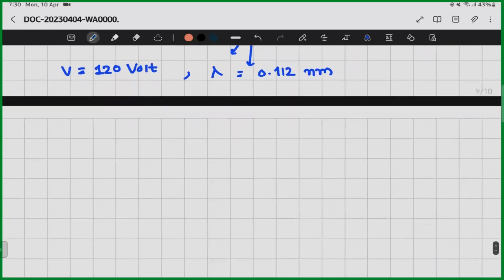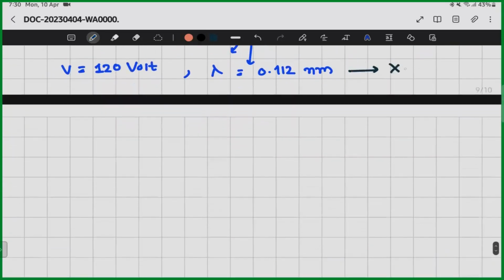If we do that XRD, X-ray diffraction experiment, we can show exactly that the wavelength is this. You can check whether this value is correct or not with that X-ray diffraction experiment, and it is established that the value is correct.